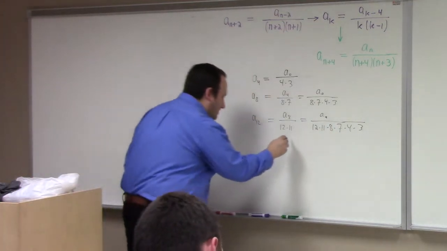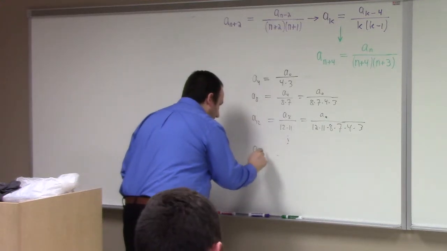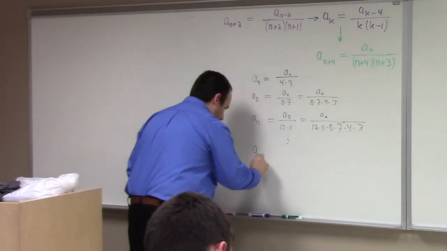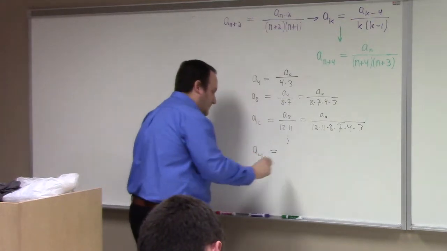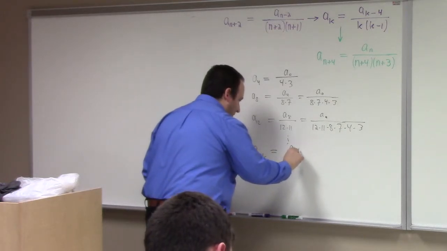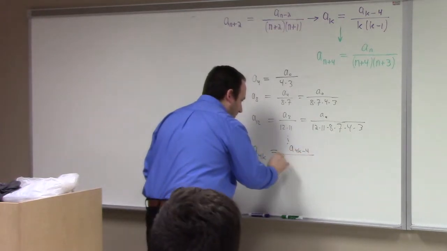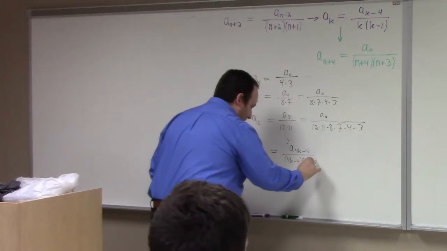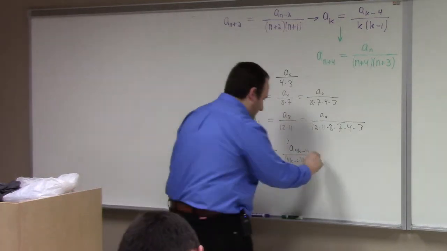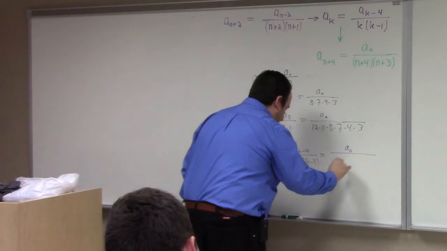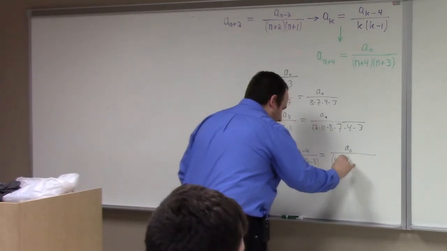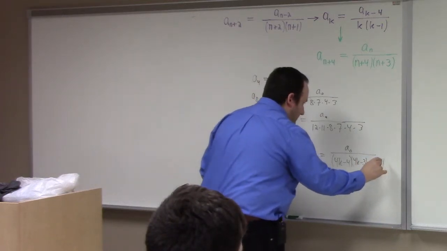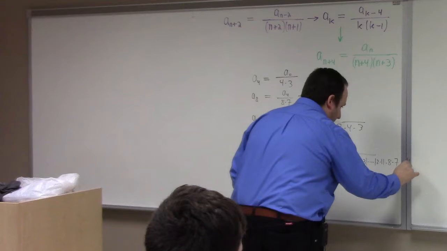What's the general pattern here? A sub 4k, yeah? We get a sub 4k minus 4 over 4k times 4k minus 1, which is a sub 0 over 4k times 4k minus 1, times 12 times 11 times 8 times 7 times 4 times 3.